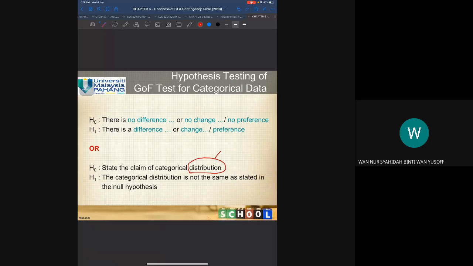If you have a percentage, then you can state the percentage here. That's the distribution. Or if you have a ratio of your data, then you can state the ratio. Or if you just have a number for each category, then you can state that, based on the question. H0 will always be the claim of the categorical distribution, and H1 the opposite of that.